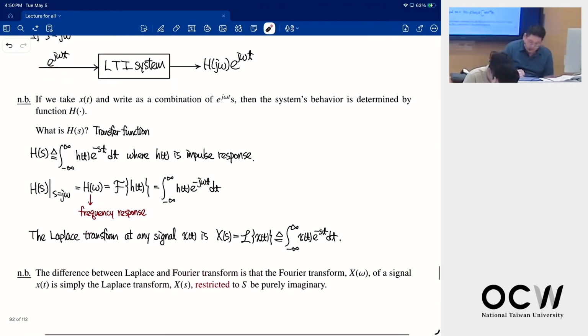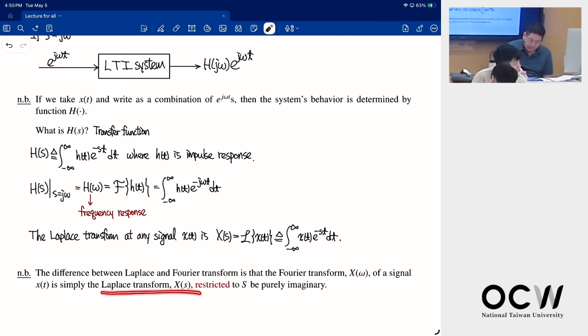So here is the difference between the Laplace transform and the Fourier transform. The Fourier transform of a signal is just like the Laplace transform, but we restrict s to be pure imaginary.